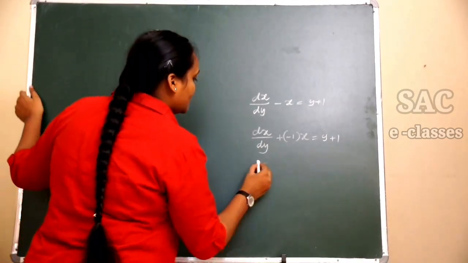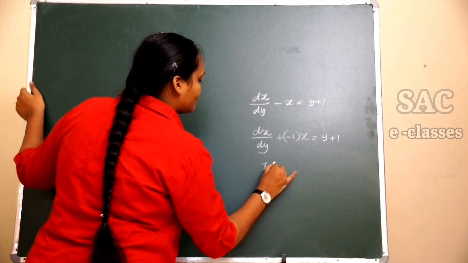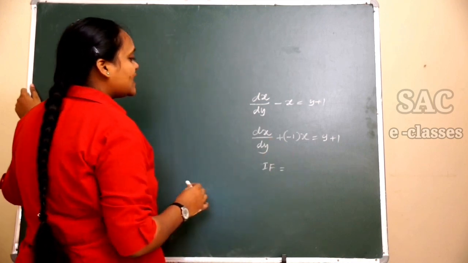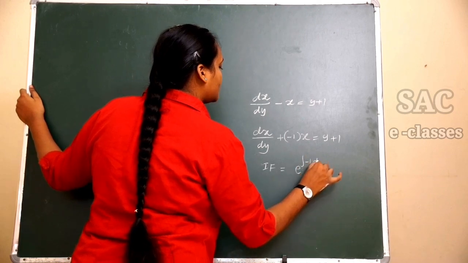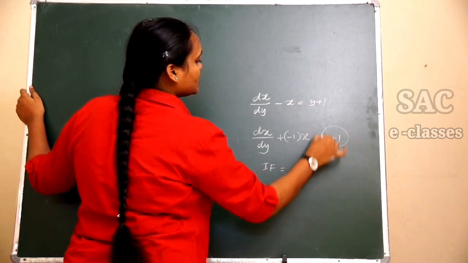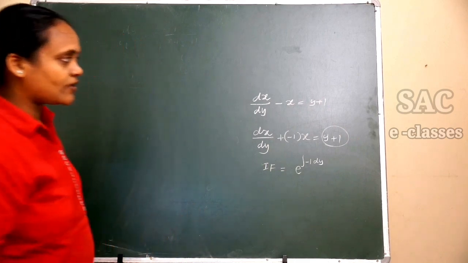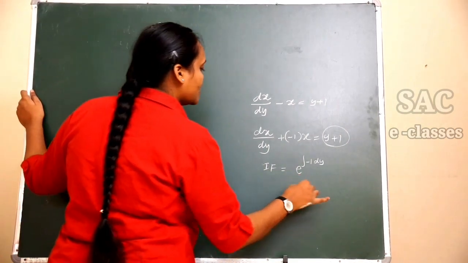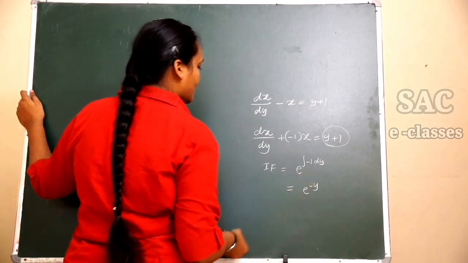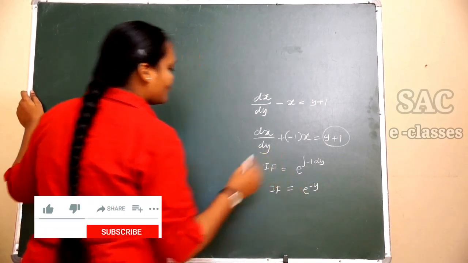Now let's write the integrating factor for the above one. IF is equal to e to the power integral of minus 1 dy, because our Q is in terms of y, so we have to write the integrating factor in terms of y. e to the power minus y is the integrating factor.